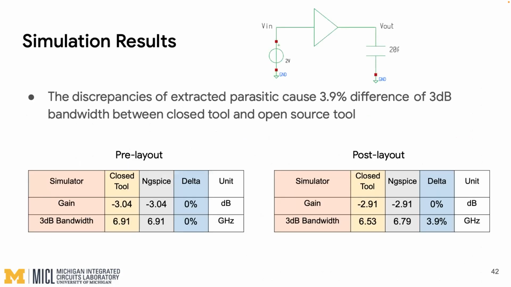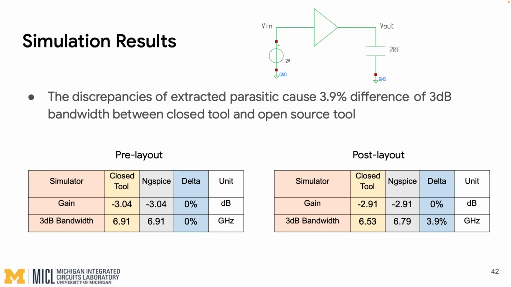Then I ran the simulation on this common source amplifier, and the test bench is shown above. I drive the input with a voltage source, and then this amplifier will drive a 20 femtofarad loading. In the pre-layout simulation, it is almost the same, but in the post-layout simulation, some difference shows up.